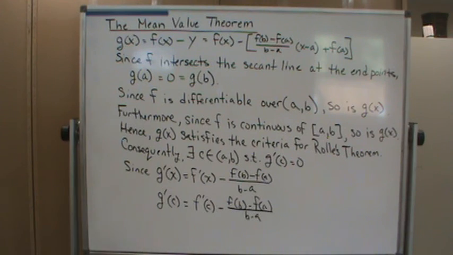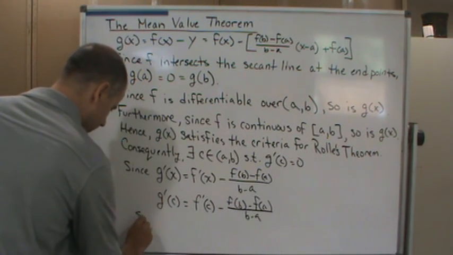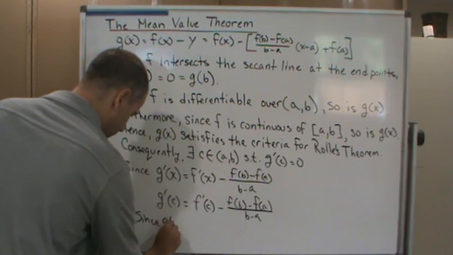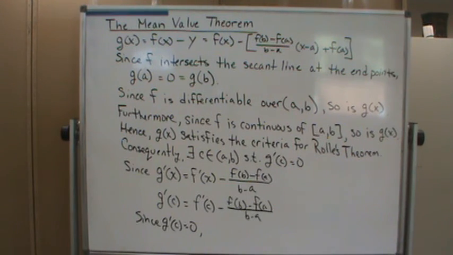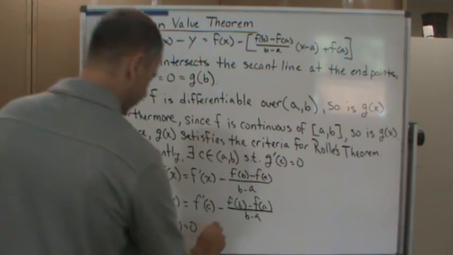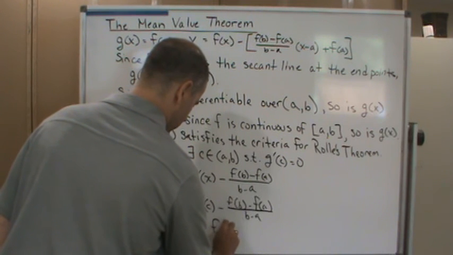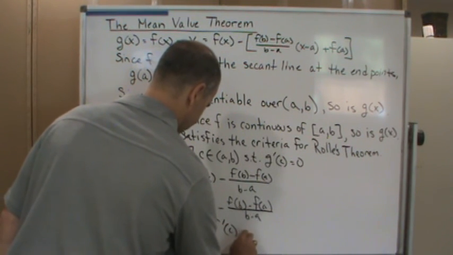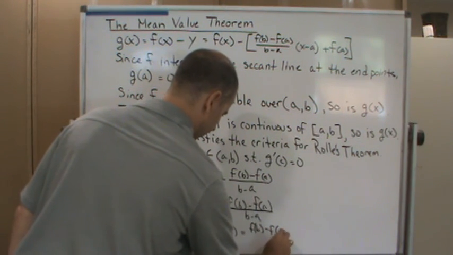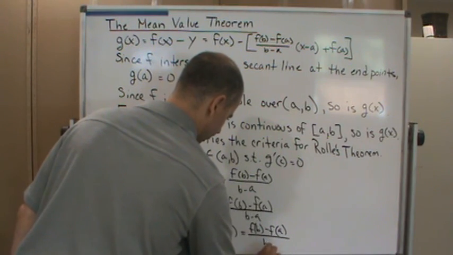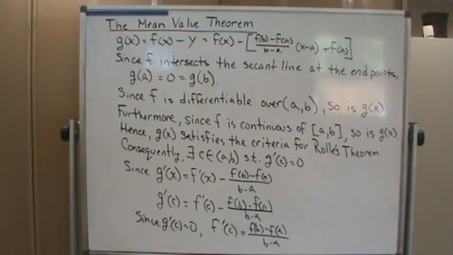Now since g prime of c is equal to 0, guess what? f prime of c has to equal (f of b minus f of a) divided by (b minus a). And that's the result we were looking for.